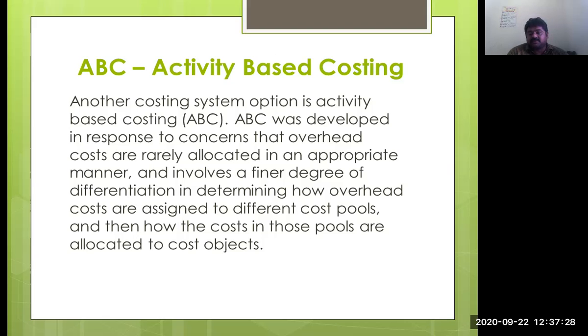Under absorption and over absorption still remain, but at a manageable level. This is how activity-based costing has brought dramatic change in the method of computing the cost of products. That means we have the product cost system revamped with this activity-based cost system.